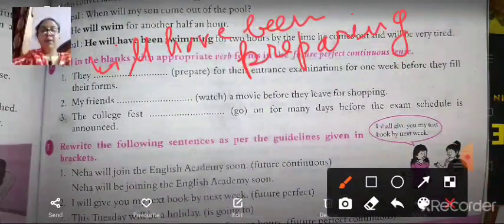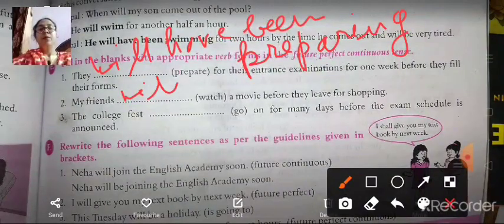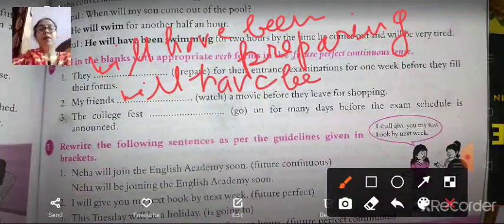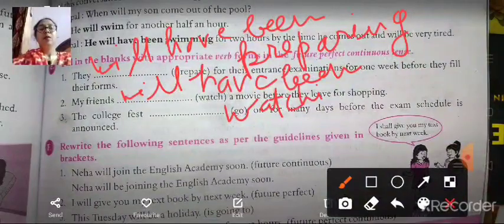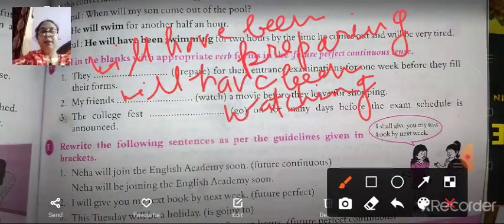So here we are going to write will have been watching. Will have been watching will be there in the second. My friends will have been watching a movie before they leave for shopping.